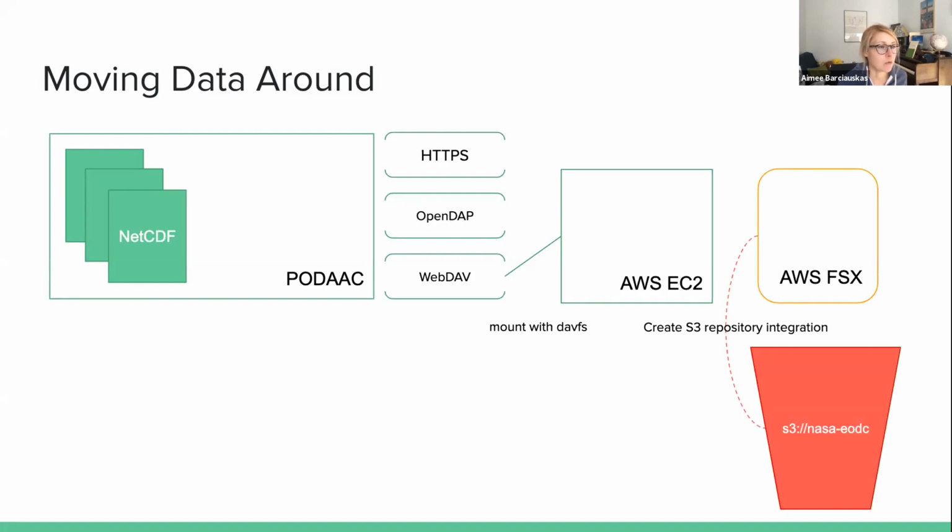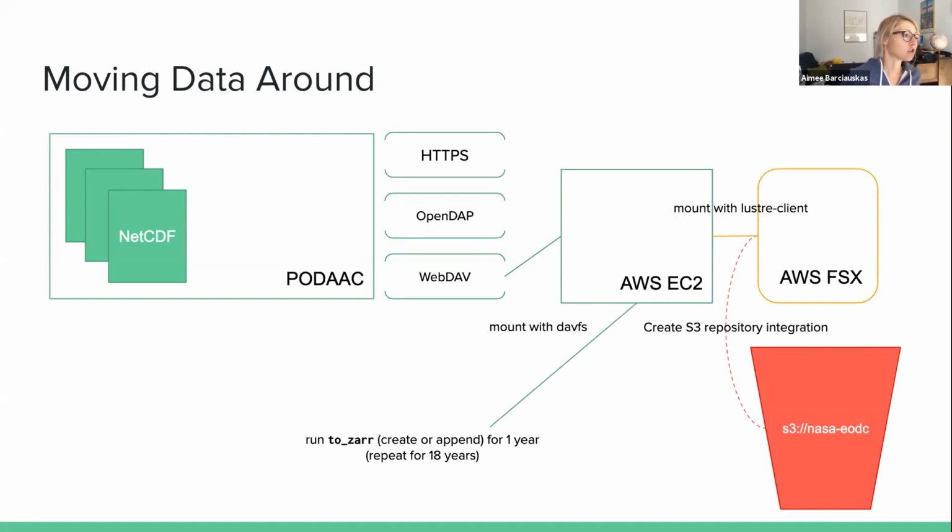So we can integrate that with S3 as our output location, and mount the FSx instance with the EC2. And then we can run our to_zarr operation, which creates the Zarr store and then appends 1 year and repeats for 18 years.